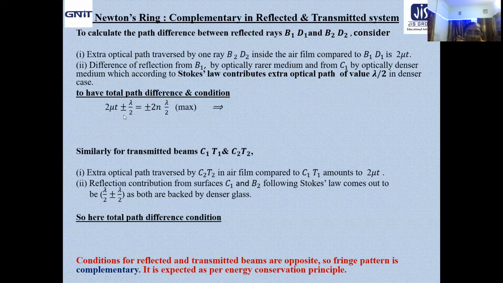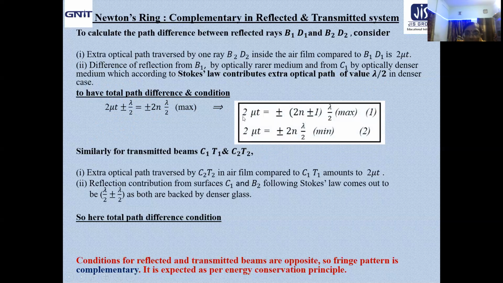Because of this, if the nth order maximum is formed, then on the right hand side we get 2n lambda by 2 plus minus 2n lambda by 2. That means we finally get the condition for maximum as twice mu T equal to plus minus 2n plus minus 1 lambda by 2, because this lambda by 2 is transferred to this side.